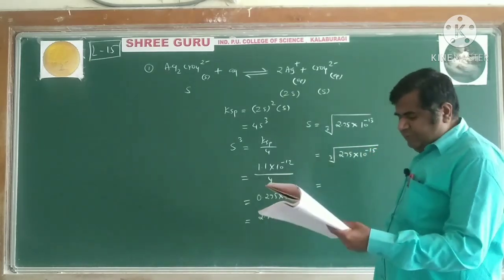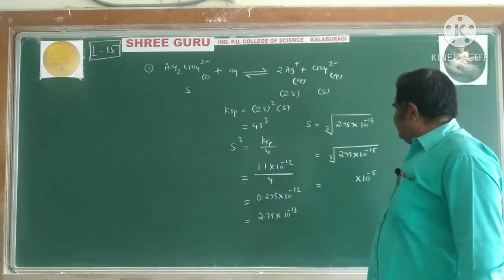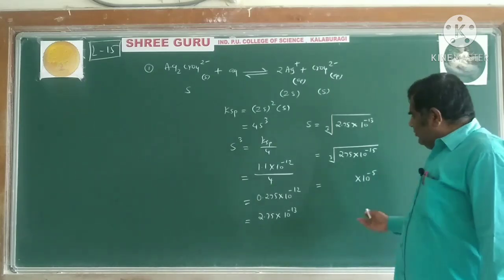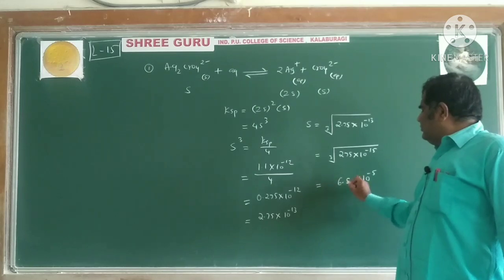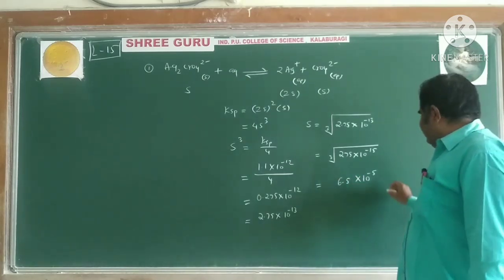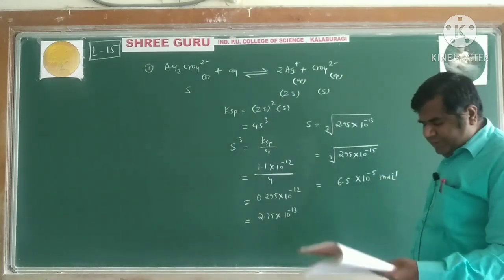And the cube root of 10 raised to minus 15 is 10 raised to minus 5. And the cube root of 275, we can calculate this as 6.5. So 6.5 into 10 raised to minus 5 mole per liter is the solubility here.